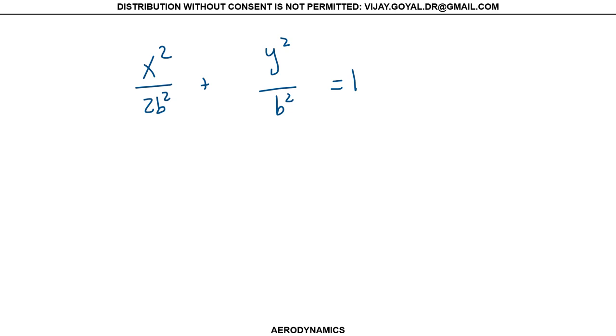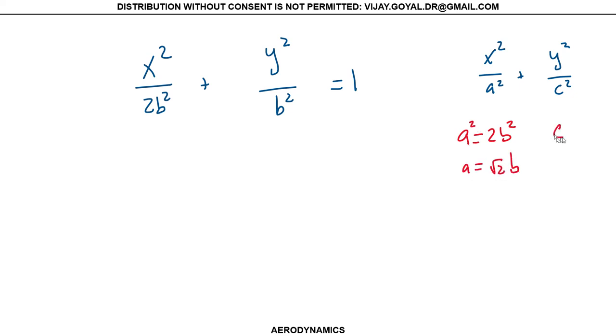And so if you want to know what the ellipse looks like, the equation of the ellipse is x squared over a squared plus y squared over c squared equal to 1. So in comparison, I can show that a squared is equal to 2 times b squared, or a is equal to the square root of 2 times b.